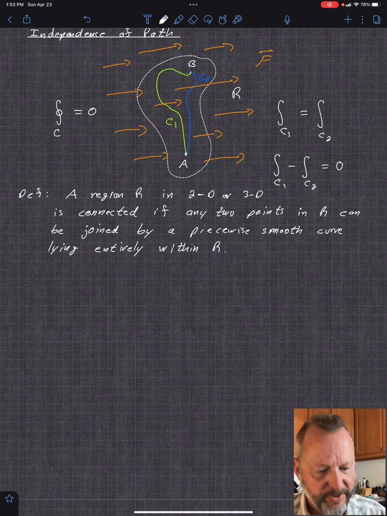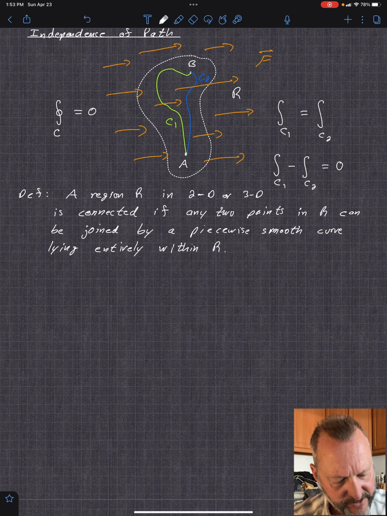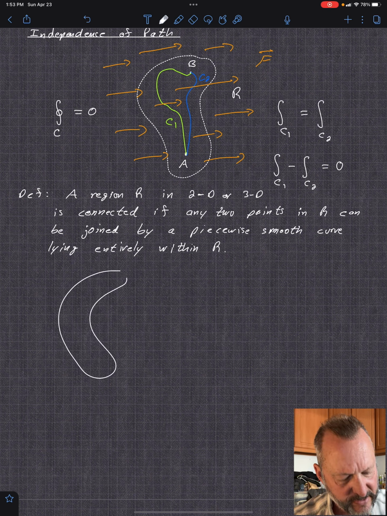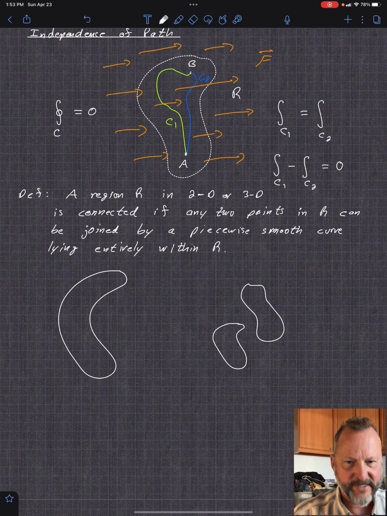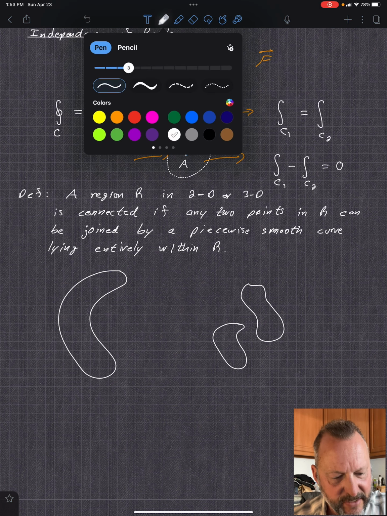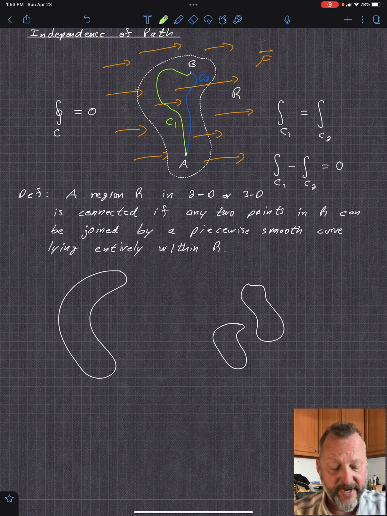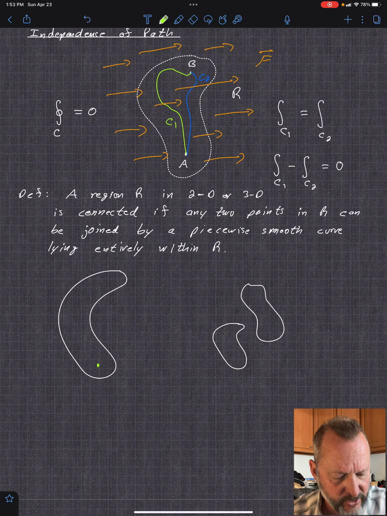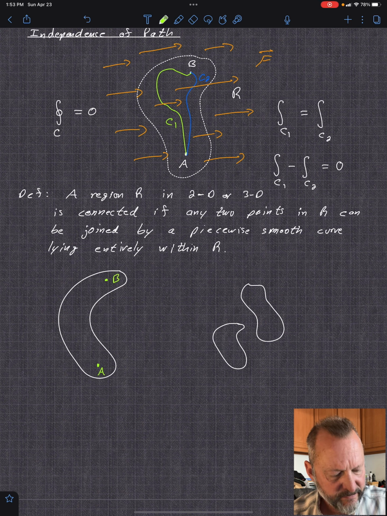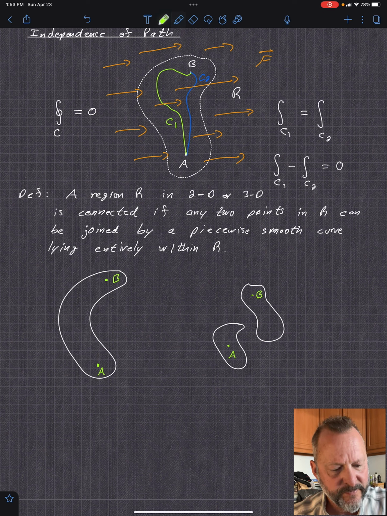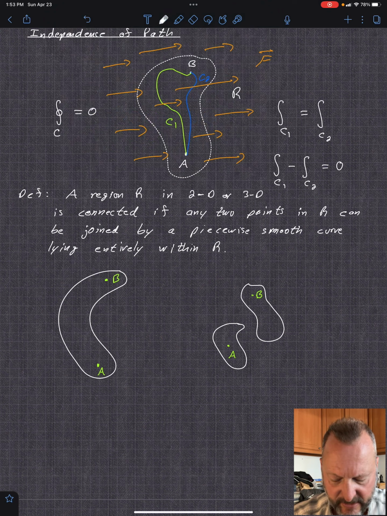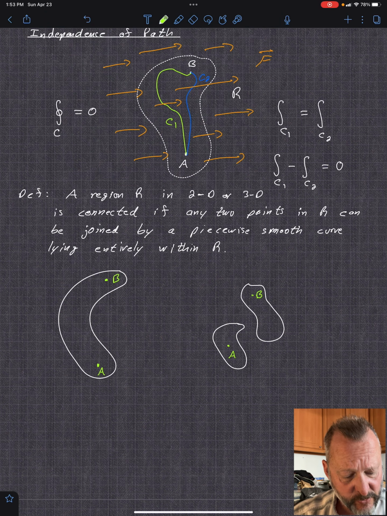I'm not going to draw this open this time. This is a very simple description. Take that one, for example, and then you take these two regions. One's connected and one's clearly not connected. It's not a big deal, but that's how we end up defining stuff later. You have any two arbitrary points in the region, A to B, and it can be connected by a piecewise smooth line.